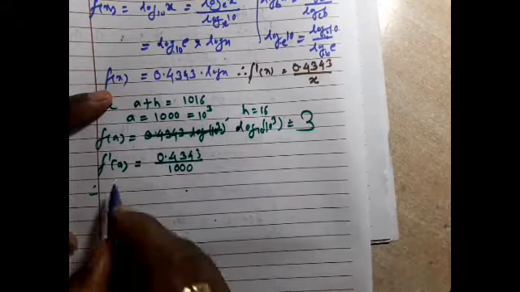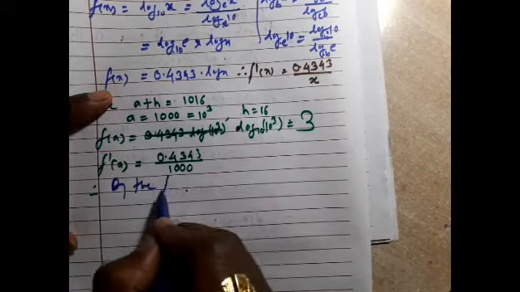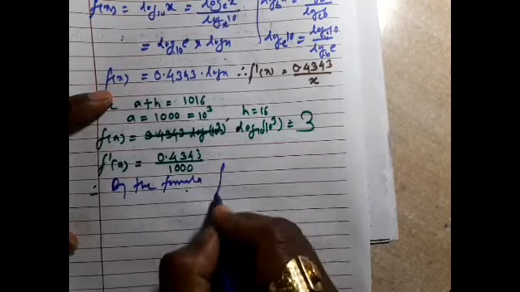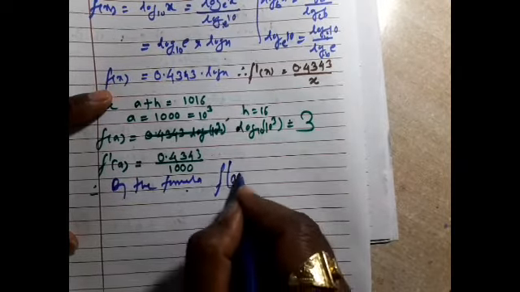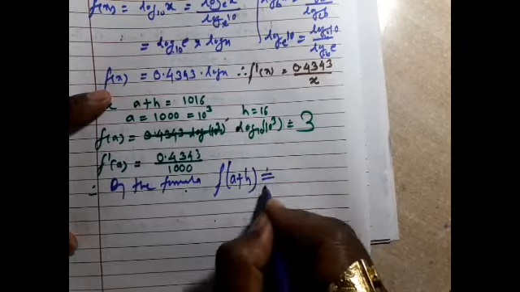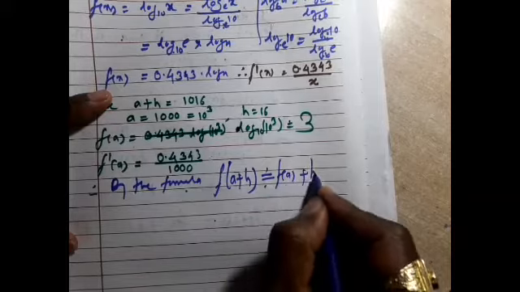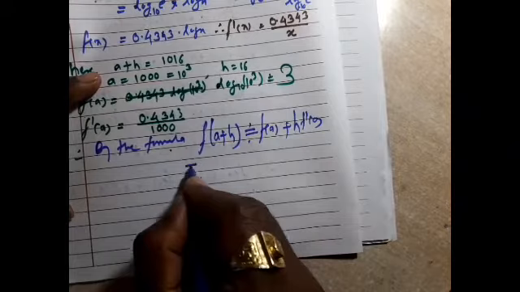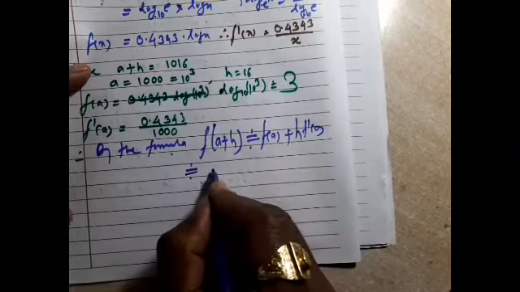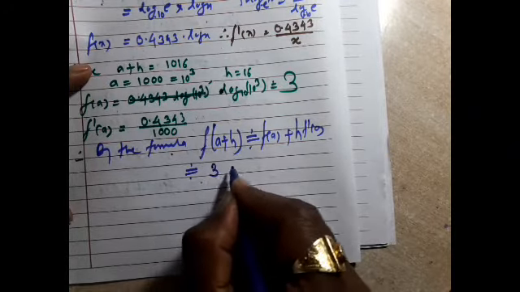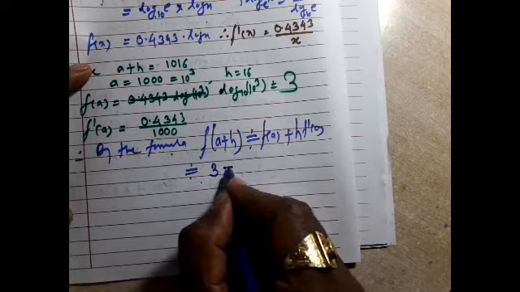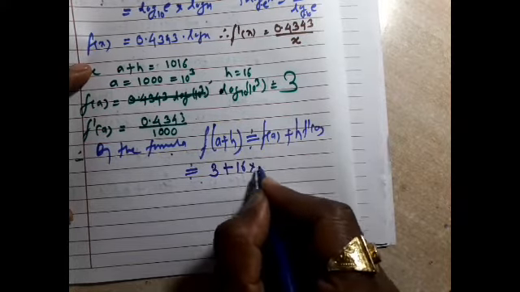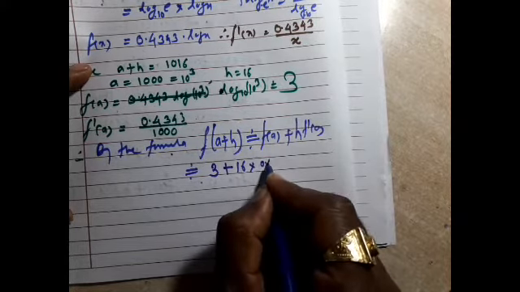Therefore, by the formula, f of a plus h is approximately equal to f of a plus h f dash a. This is nothing but f of a is 3 plus 16 into 0.4343 upon 1000.